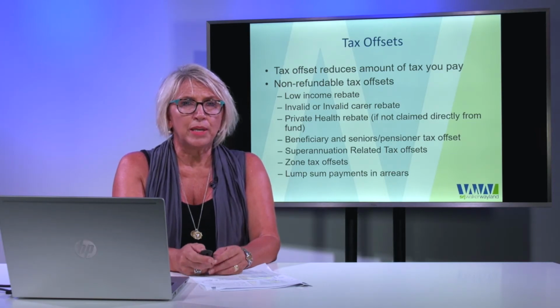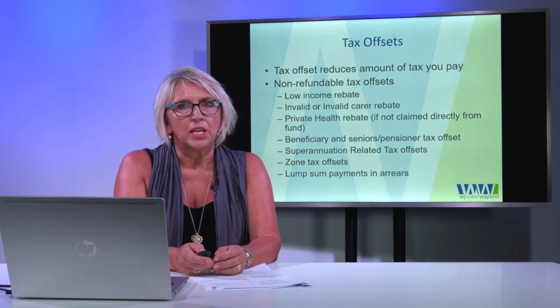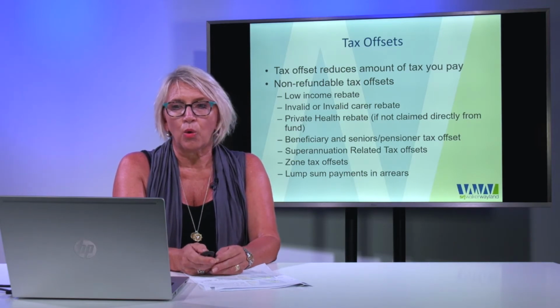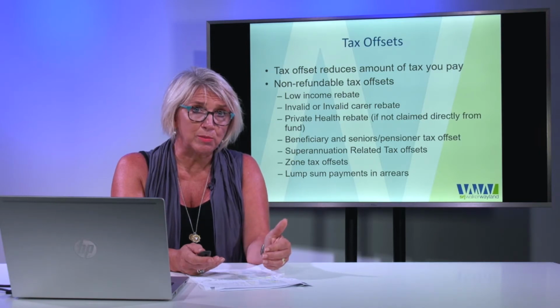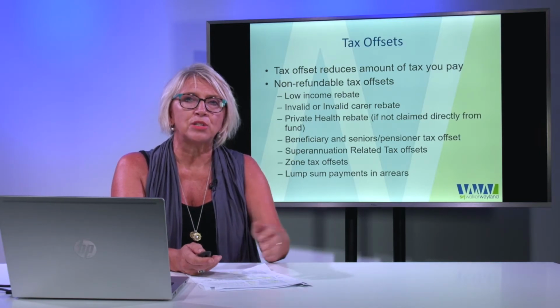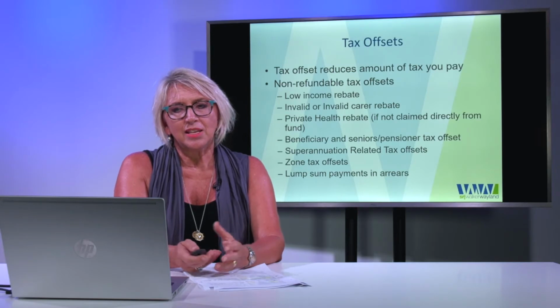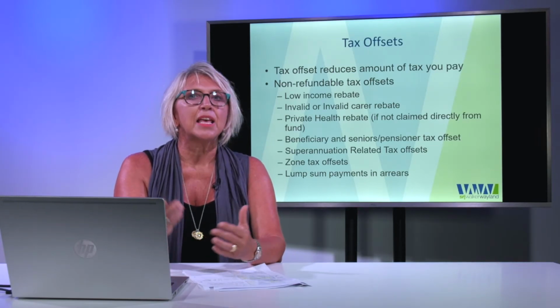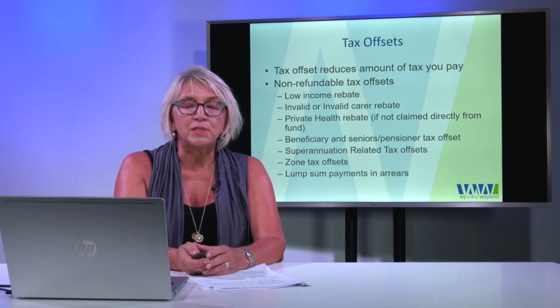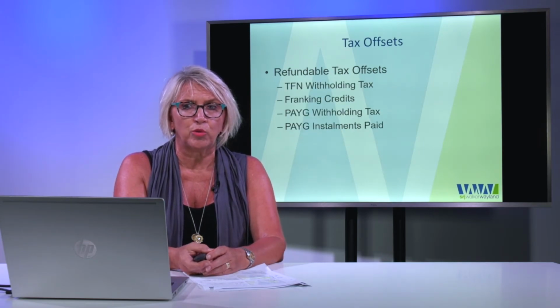The first type is a non-refundable tax offset. Some examples of these are the low income rebate, the private health rebate if you have private hospital insurance and you don't claim the rebate directly from your health fund, some zone tax offsets, and some invalid and invalid carer rebates. There's a raft of different types of tax offsets that you might be eligible for.